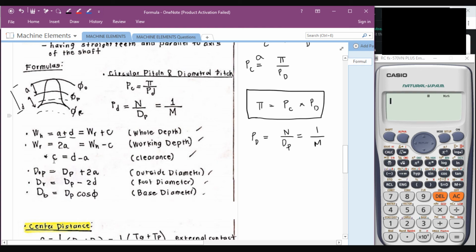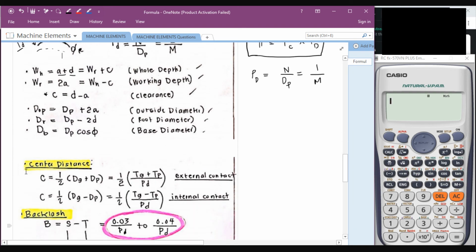Clearance is dedendum minus addendum. The dedendum is always larger than the addendum. For outside diameter, that is dp plus 2a. The root diameter is dp minus 2d. And db is equal to dp multiplied by cosine theta, the base diameter of the cog.